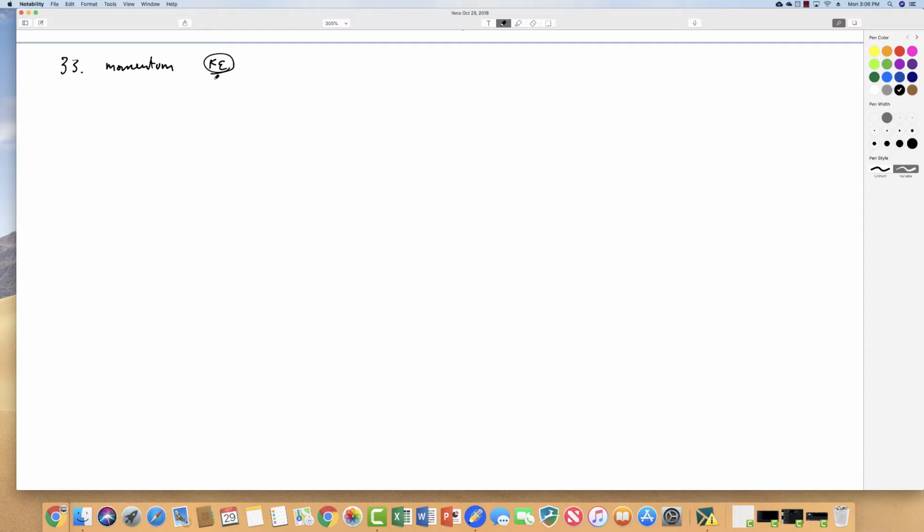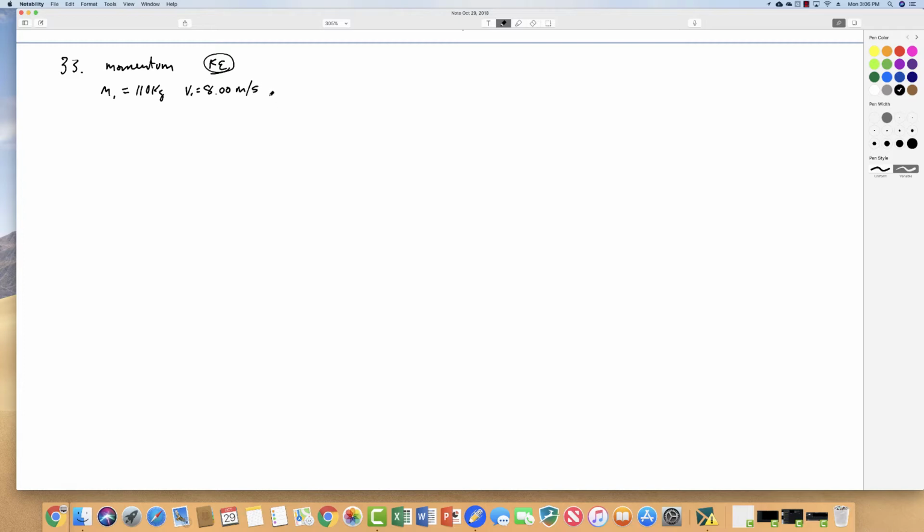And so I went back to example 8.1, and what you have is a football player whose mass is 110 kilos, and his velocity is 8.00 meters per second.